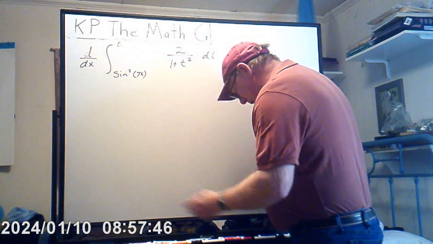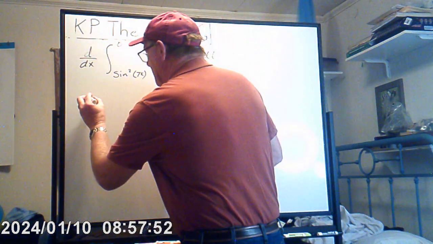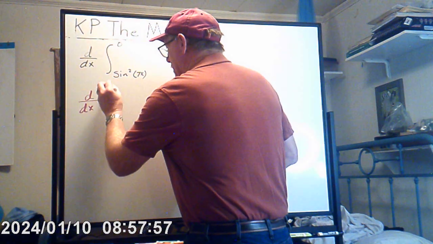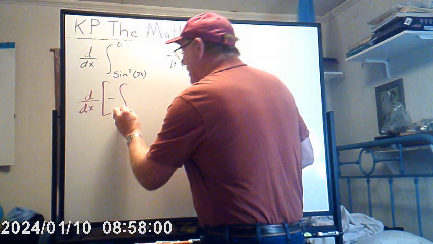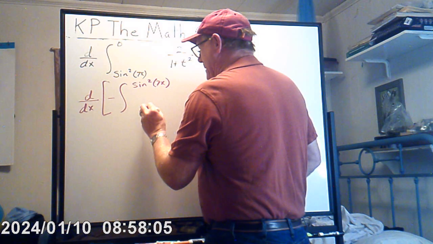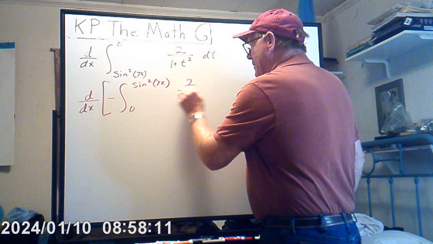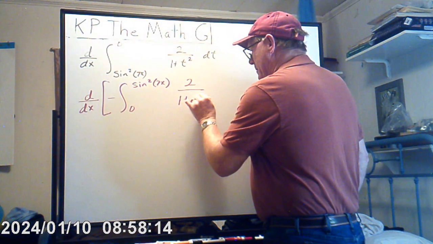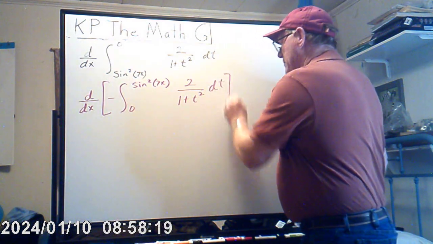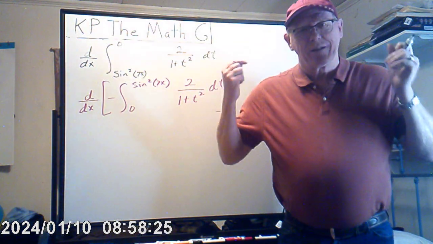So let's get a different color. Alright, negative, sine squared 7x to 0. Wow, this is... Before you say, I can't do this, yes, you can.